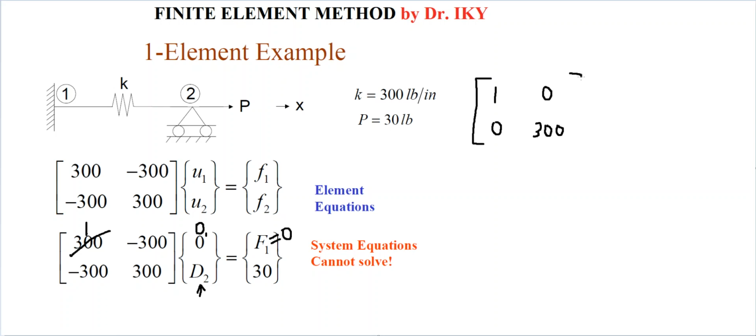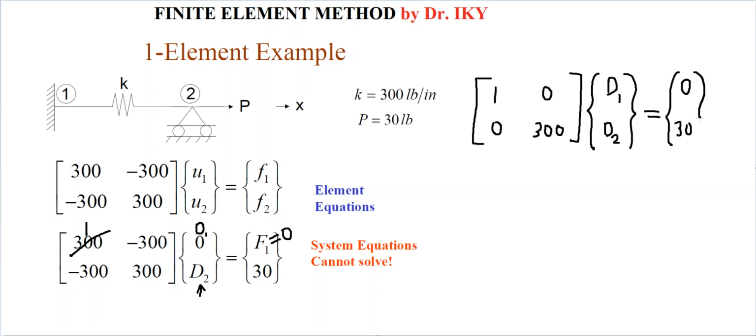So for the second displacement vector, d1, d2, and I will make a new force vector with 0 and 30. Why have we done this?